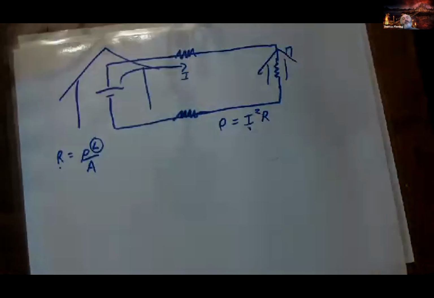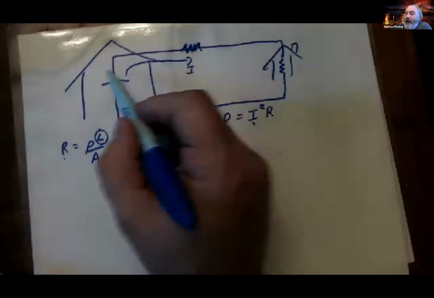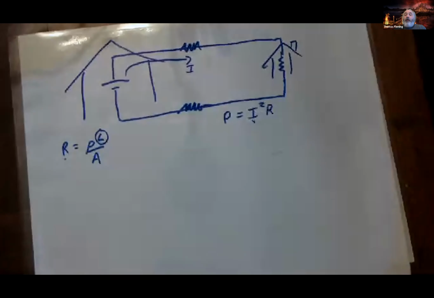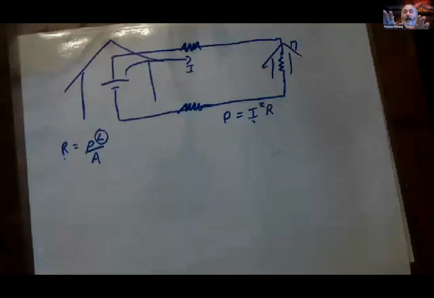So what sucks for Thomas Edison is that his technology doesn't work very well if these power lines get very long. And so it means he can't just have one power plant and then send it to several cities down the line. He can't have that power plant supply several hundred miles worth of area.